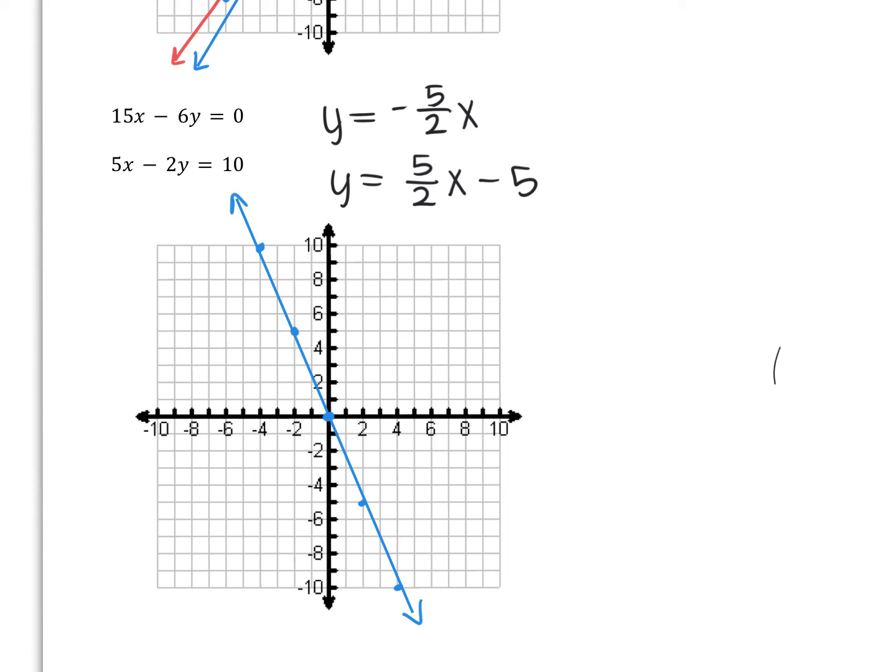The second equation has a y-intercept of negative 5, and I'm going to go up 5, right 2, and then down 5, left 2. Connect those points. So these do intersect at the point 1, negative 2.